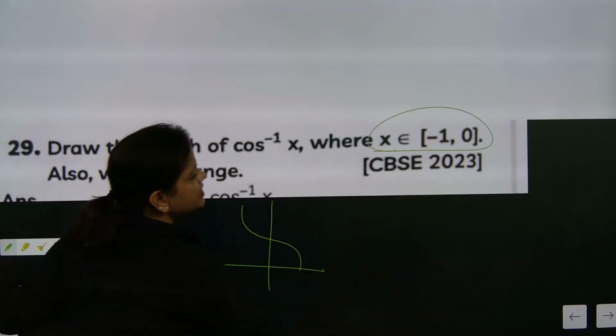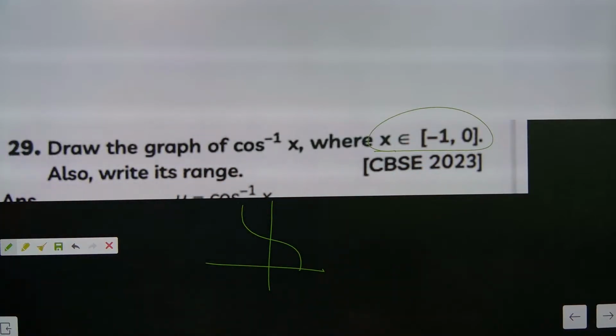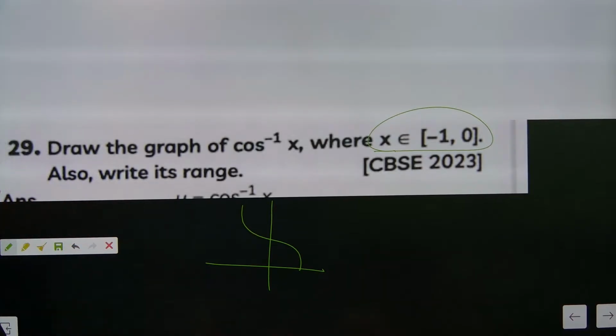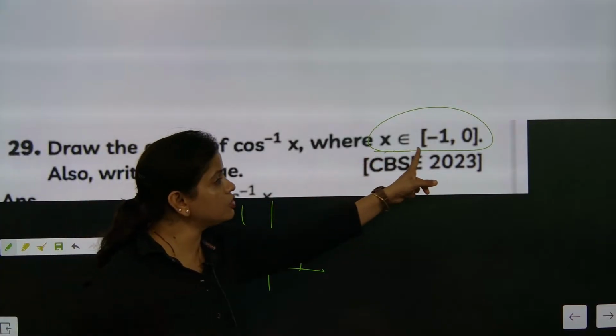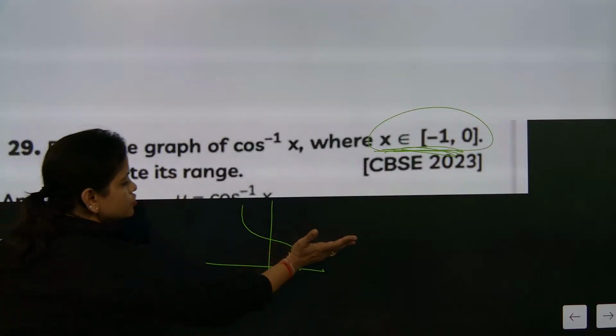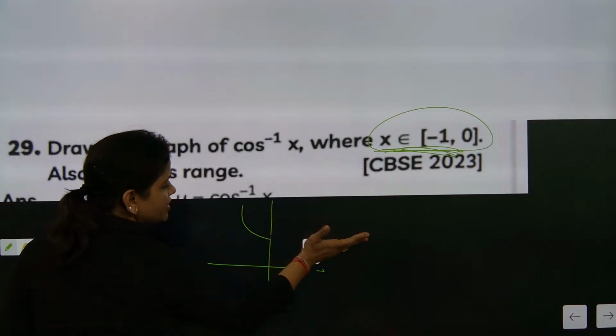You see, x belongs to minus 1 to 0. Will this be the graph? Everybody, please remember this. Tell me. Look here. x belongs to minus 1 to 0, beta. So the moment x belongs to minus 1 to 0, only this much will be there.